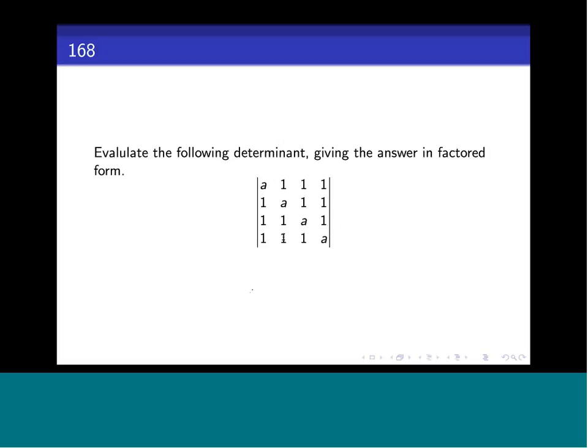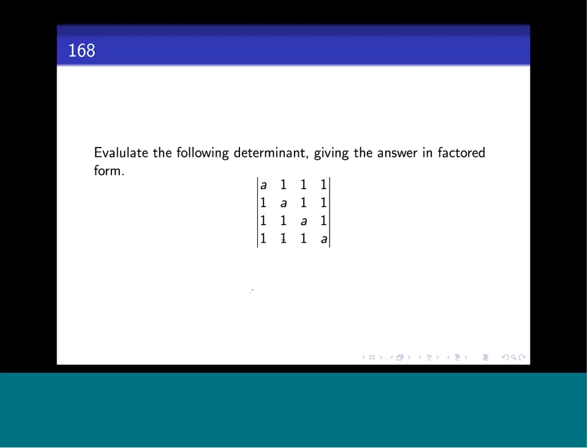Evaluate the following determinant. Now it's Skylar. I have A minus 1 to the third, and then times A times A plus 3.